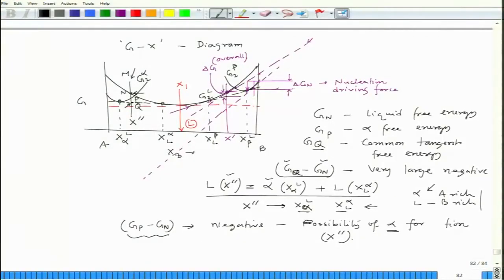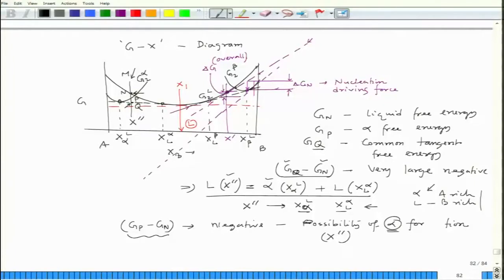So, if I form alpha through the equilibrium reaction, I would get alpha with a lesser B content, but if I form alpha through this reaction, that means the liquid going to alpha, I would get alpha with a higher B content.